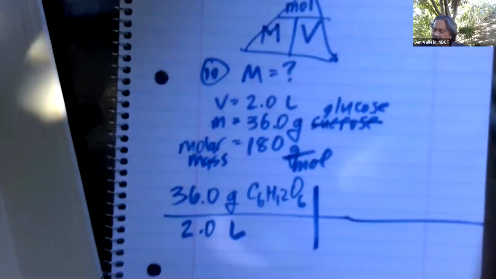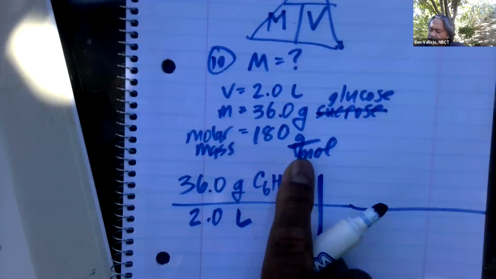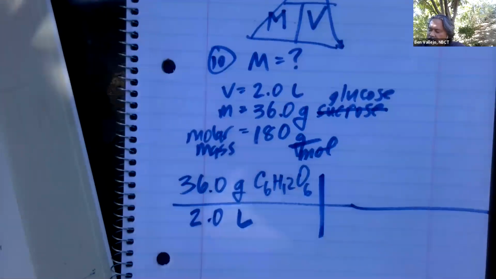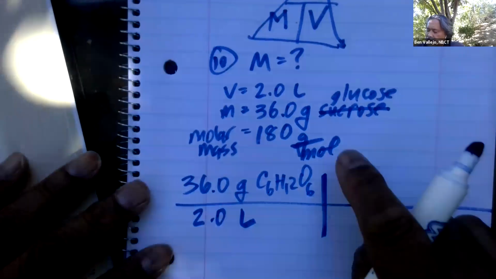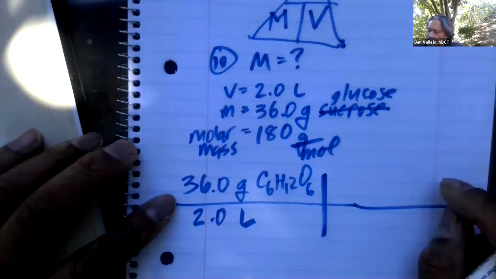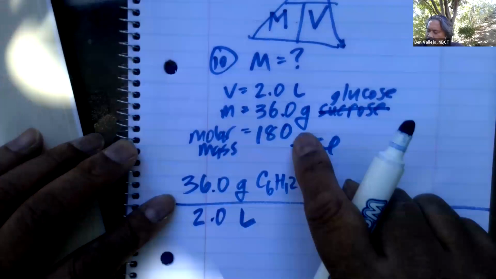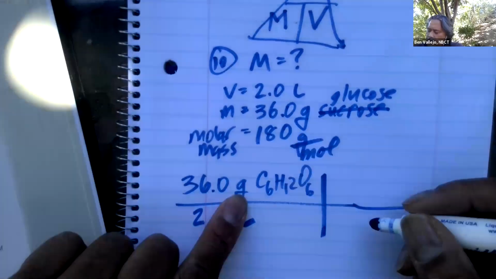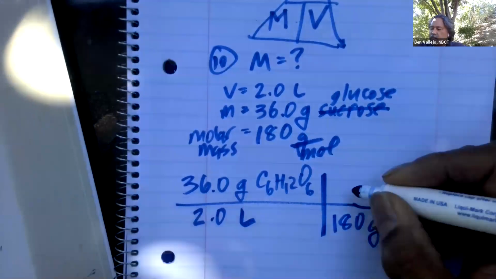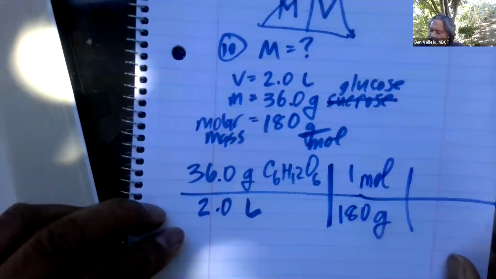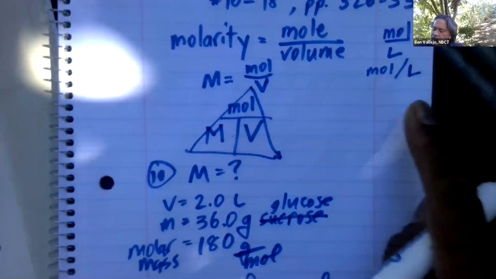If you put the 180 on the bottom, that'll cancel your grams, 180 grams for every mole. And lo and behold, you want your answer to be in moles per liter, so if we cancel out the grams, we're going to get moles over liter.